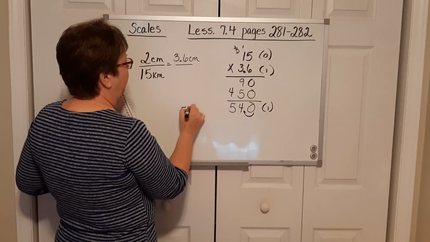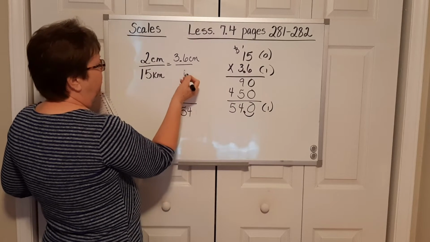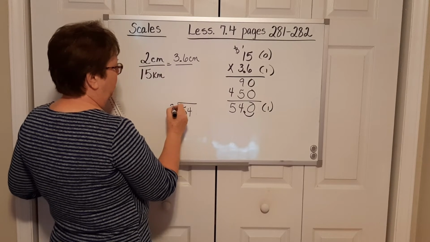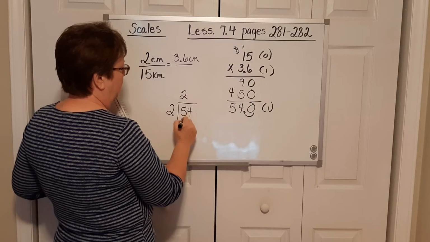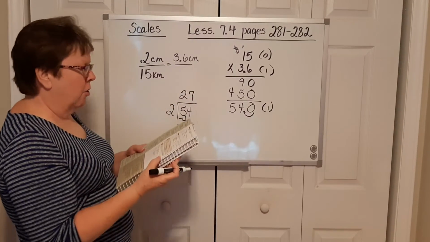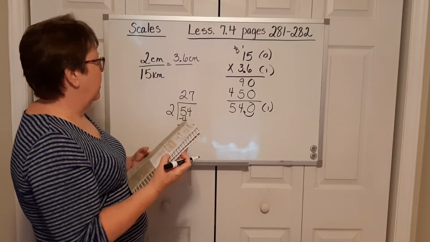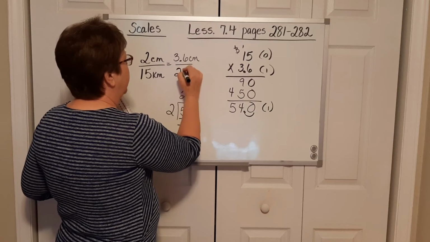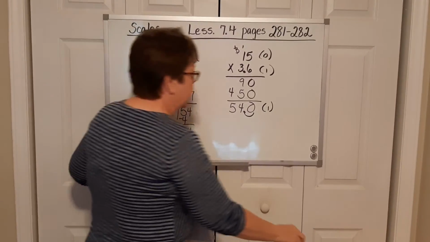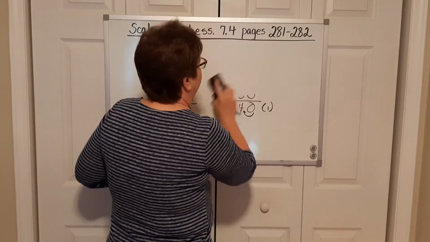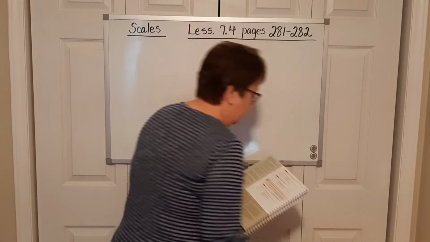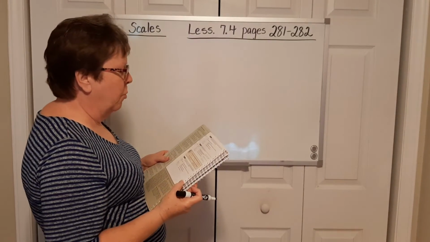So now we have our 54. Our 54 divided by our 2 will give us this answer. Okay, so our answer would be 27 kilometers. Okay, it's not that hard. Just plug in your numbers for your proportions.